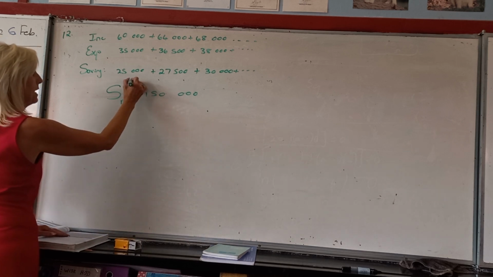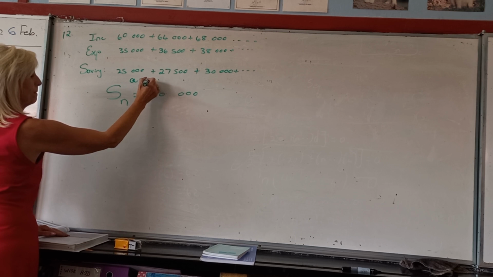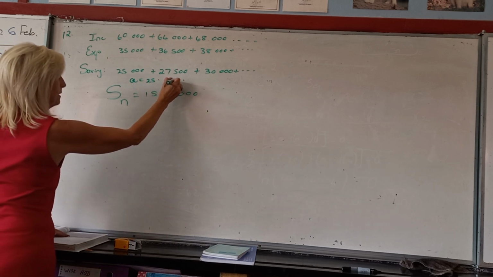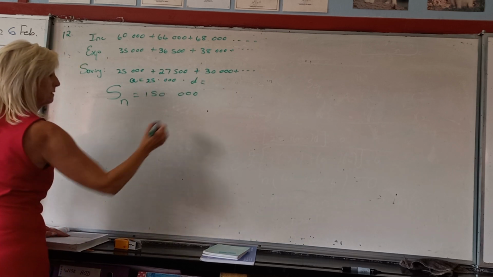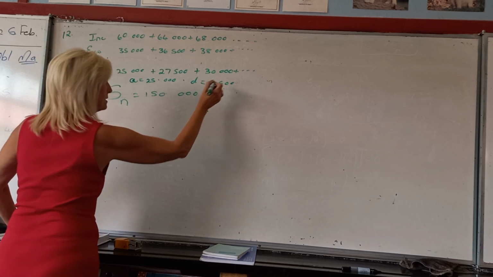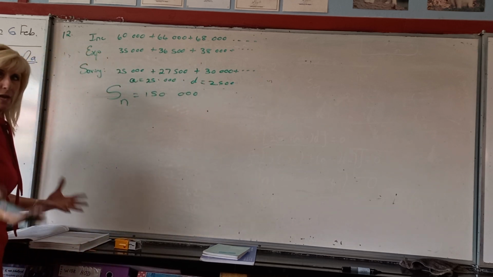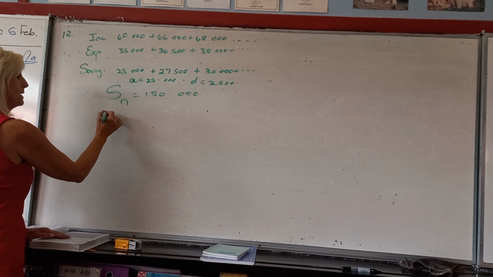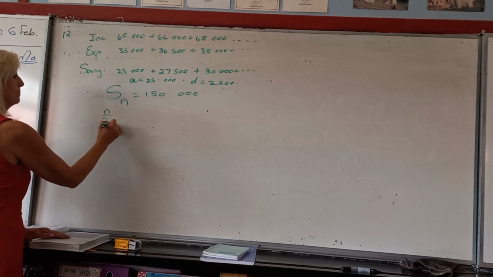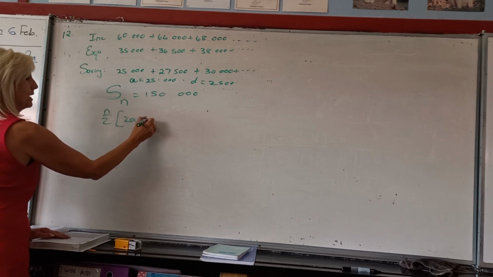So now the a was equal to 25,000, and the d 2,500. So it's the same type of sum, it's just large numbers. So we're going to go for Sn. Can we use the one with the last term? No, because you don't have it.